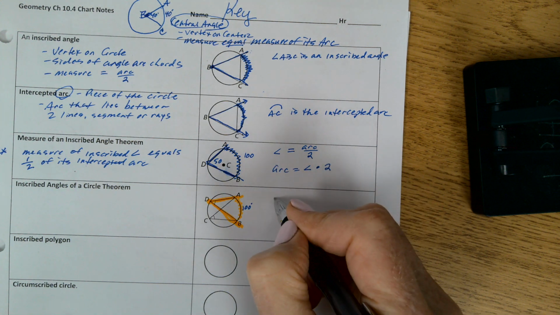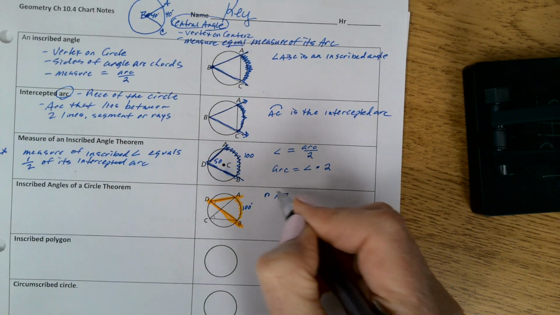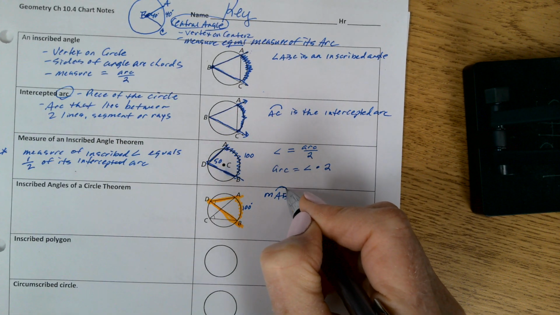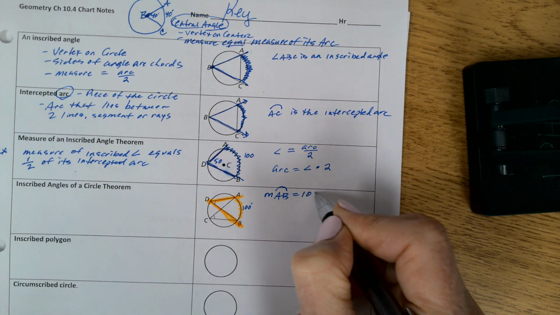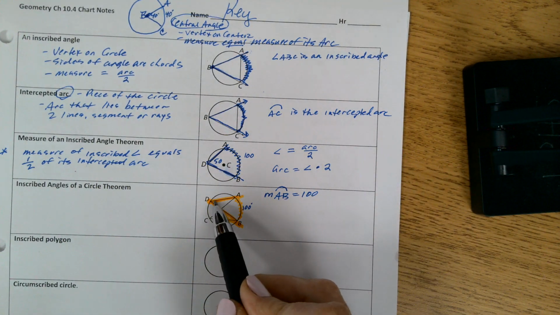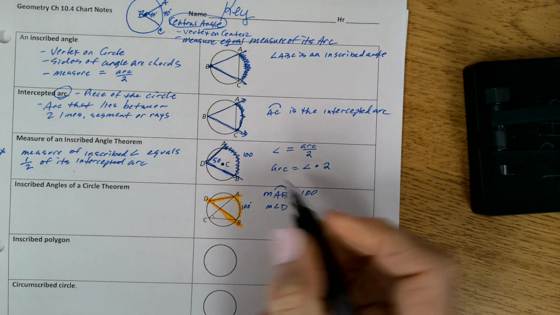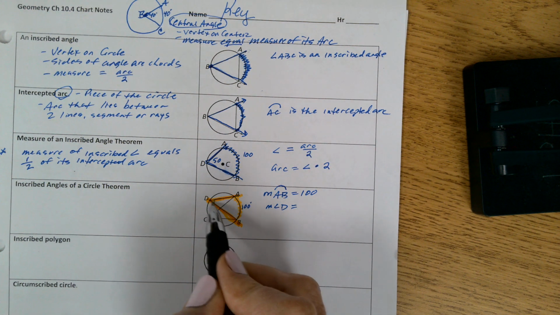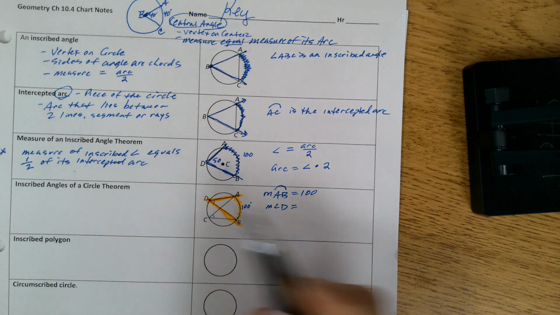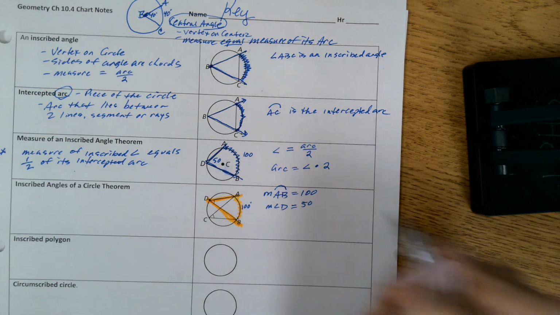If the measure of the arc AB equals 100, then that would mean the measure of angle D equals, here's D, it shoots out there, this is inscribed, the arc divided by 2 is 50.